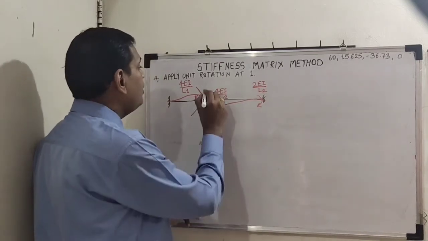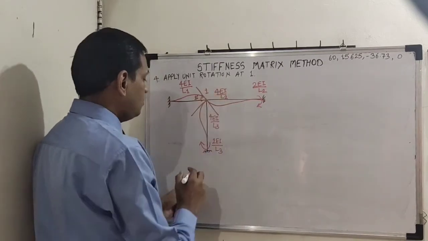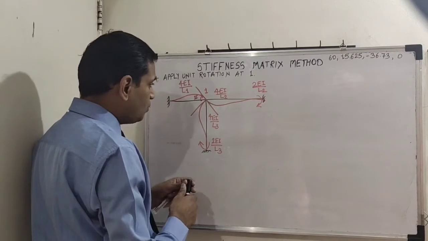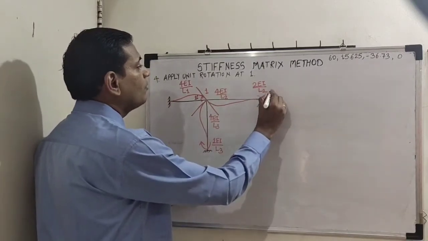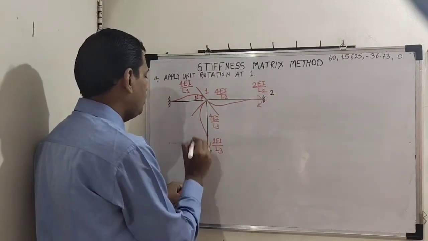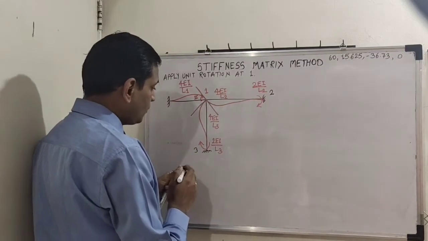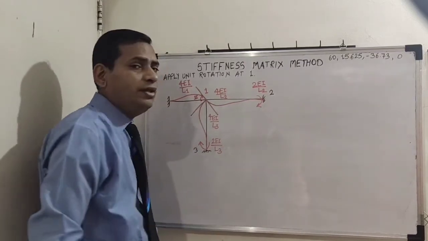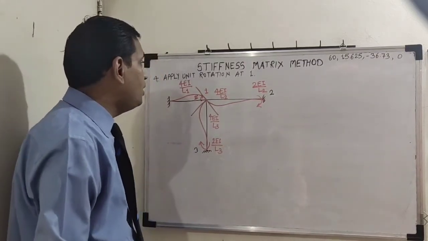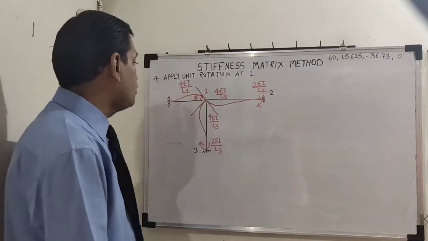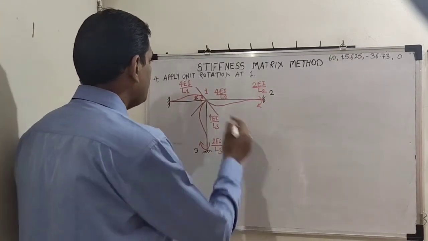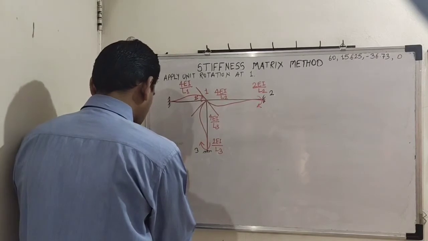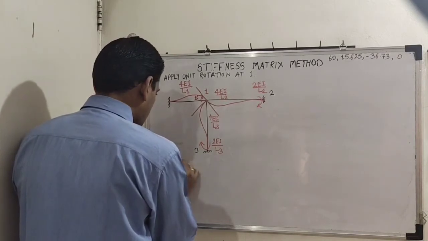So my first unknown is here. Okay. Second unknown is on C. Third unknown is on D. So I will get now one by one the matrix elements. So what are they? First is K11. What is K11?